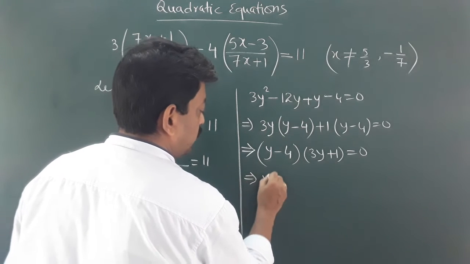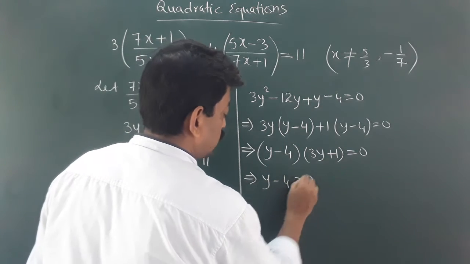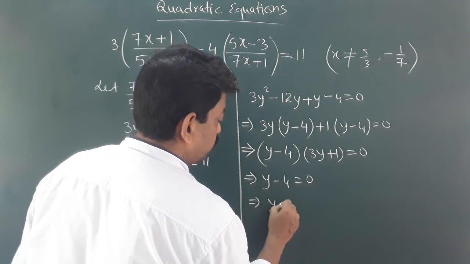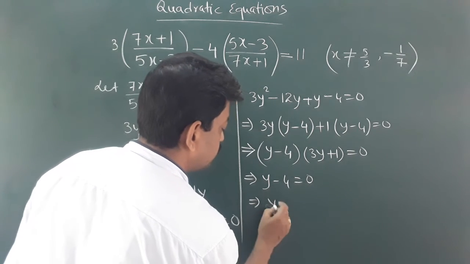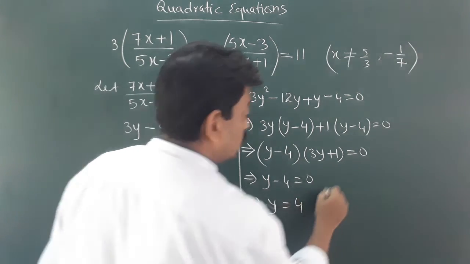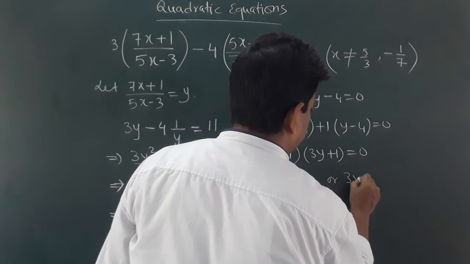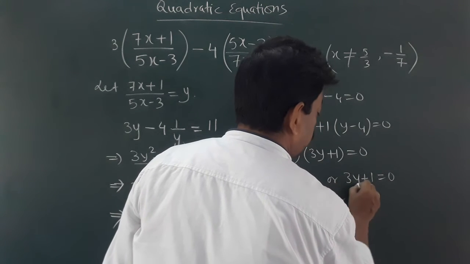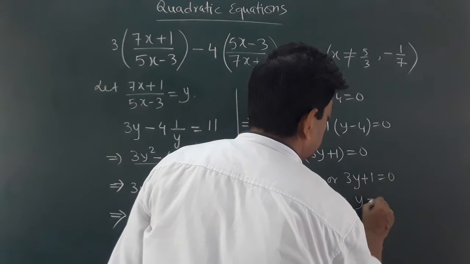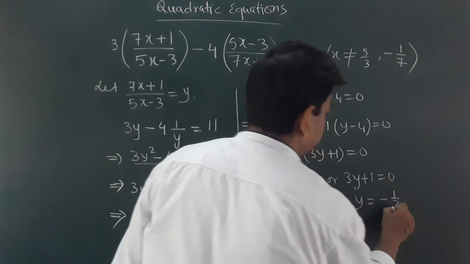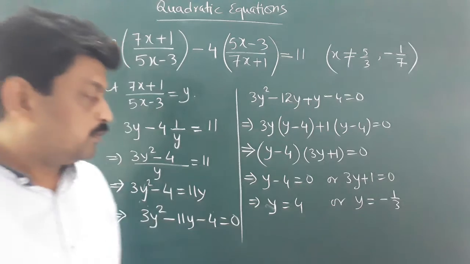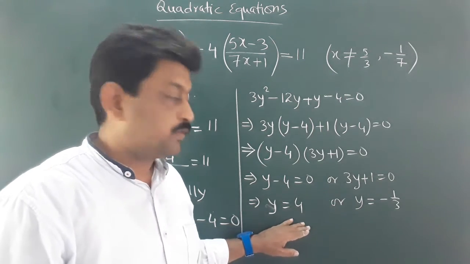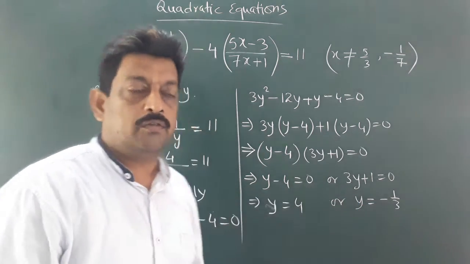So either y minus 4 equals to 0, which implies y equals to 4, or 3y plus 1 equals to 0, where we can say y equals to minus 1 by 3. So we have got two values, y equals to 4 and y equals to minus 1 by 3.